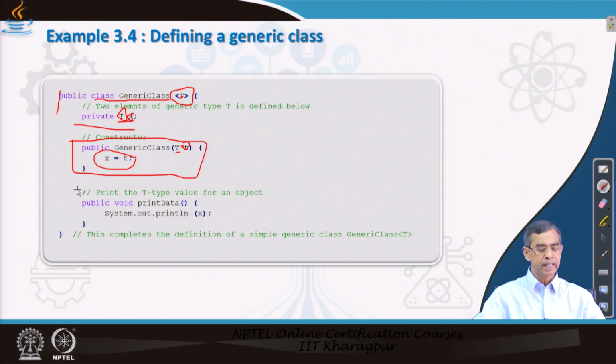Now, after these things, any number of methods can be declared, either of generic type or simple non-generic.